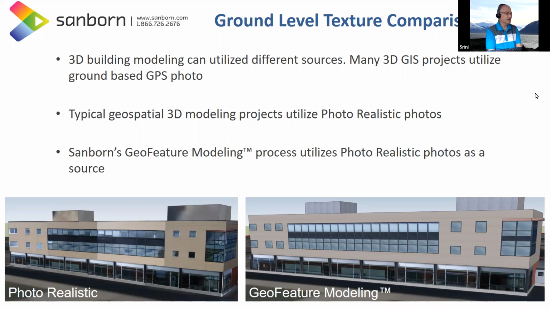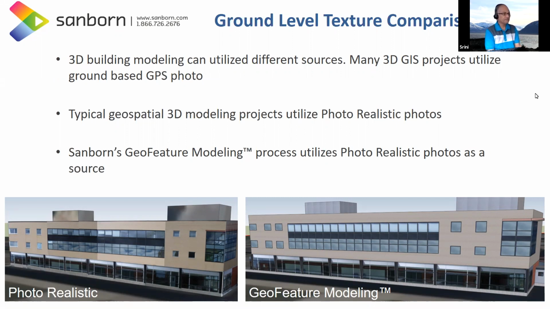You will see a seam line. There are some shadows. So there will be some adjustments that need to be done. In order to make sure that we adjust the radiometry, we take care of the seams and other things. That process, we call geo-feature modeling. And what you are seeing on the right-hand side is a clean, seamless building picture with a texture.